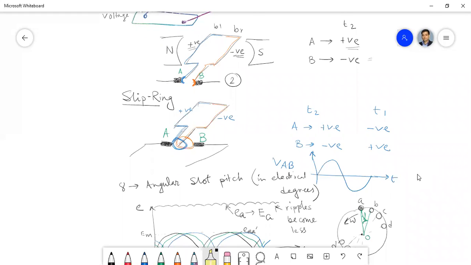Now, let me know, if we want to apply a DC in the coil, and we also want DC to flow in the coil, so what should be the arrangement?